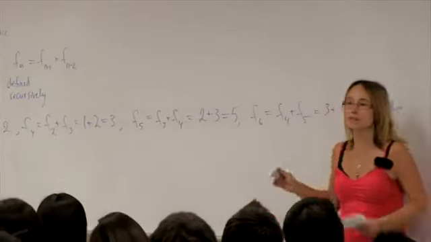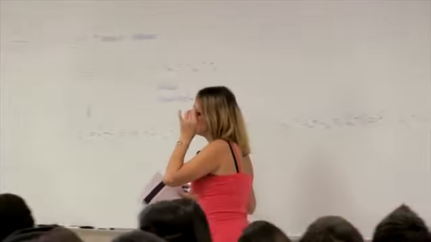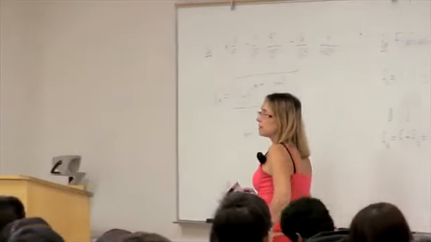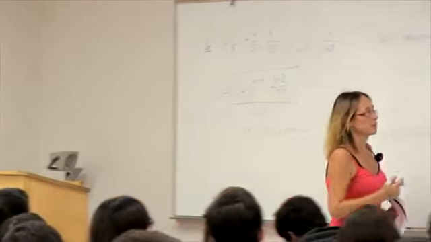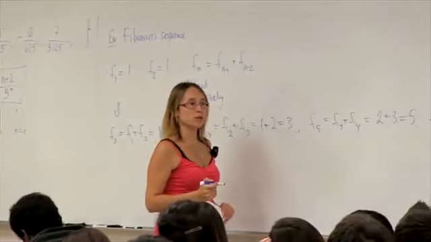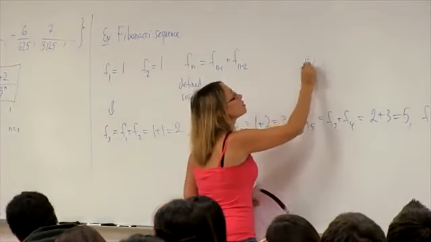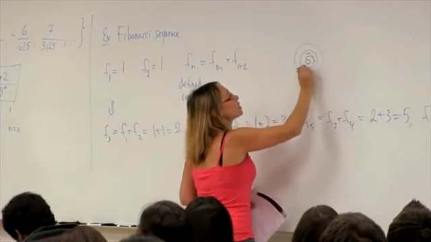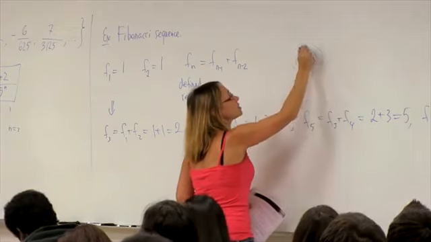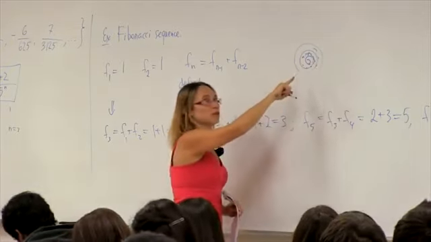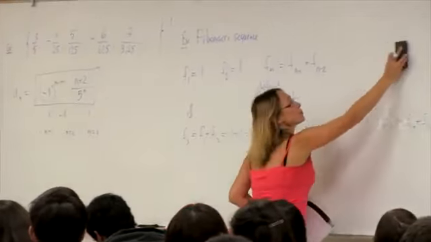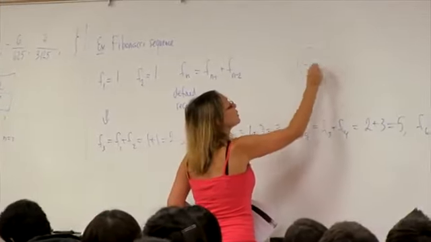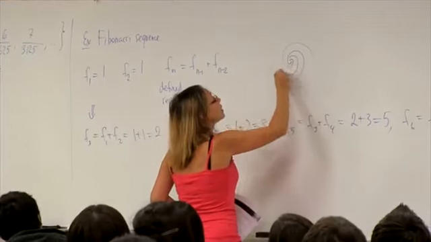Okay, so rabbits, it has very little to do with rabbits, it turns out, but it describes many other beautiful things in nature. For instance, if you look at a pineapple or a sunflower, you can see certain spiral structures as the seeds are formed. I cannot draw it well. There are several spirals that emanate from the middle, like this.